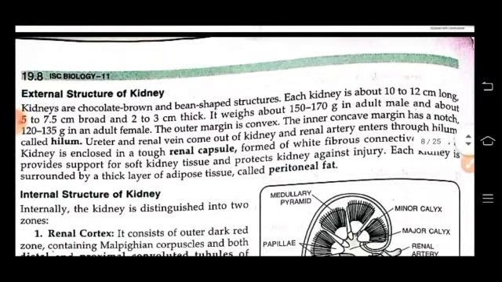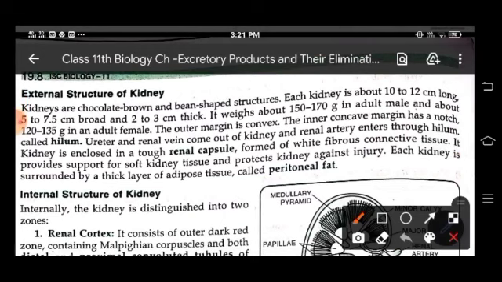Now if we look at the external structure of the kidney, kidneys are chocolate brown and bean-shaped structures which are about 10 to 12 centimeter long, 5 to 7.5 centimeter broad, and 2 to 3 centimeter thick.